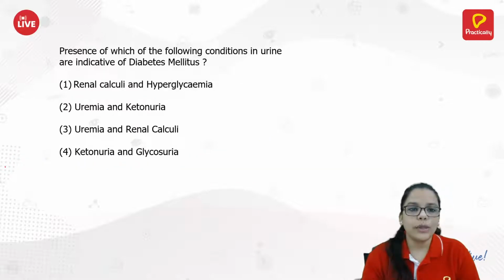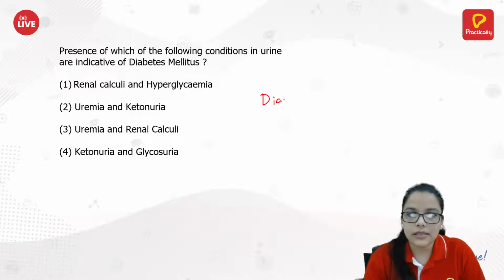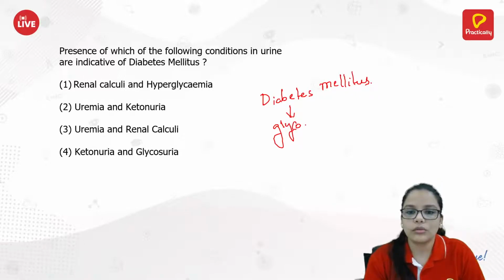Next. Okay, presence of which of the following conditions in urine are indicative of diabetes mellitus? Now, diabetes mellitus is type 1. Diabetes mellitus is basically what we call high sugar. And this means there will be sugars, kind of glyco remnants in urine.